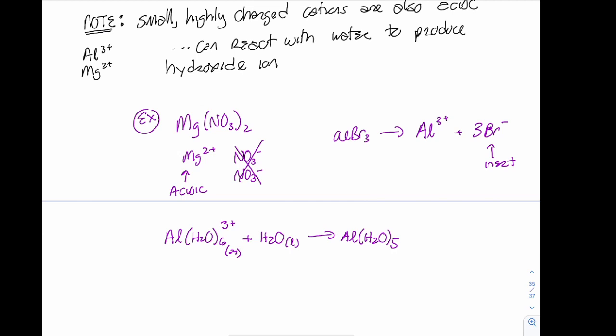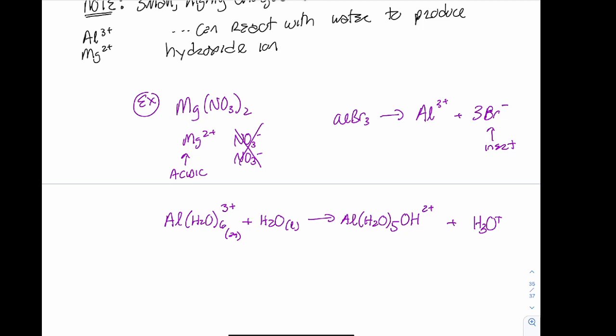Instead of 6, one of those 6 water molecules is actually going to give a proton to this water molecule to form hydronium ions. And then this still has a +2 charge, but I have an OH group also attached to it instead of the 6 waters.